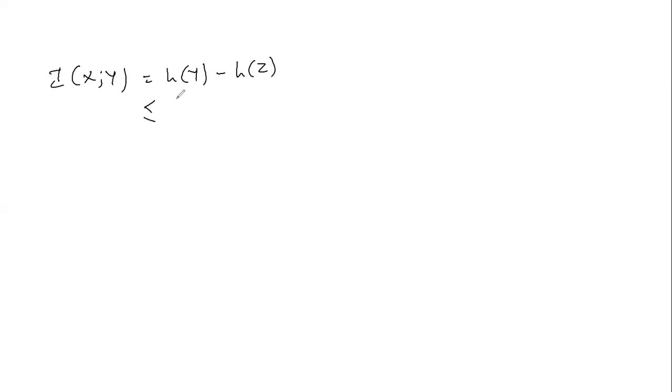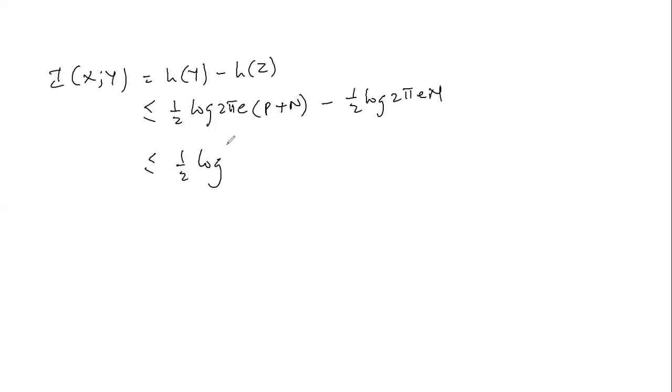So this will be less or equal to half log 2 pi e (P plus N) minus the noise entropy, half log 2 pi e N, right? So this will be less or equal to half log of this divided by this, that is 2 pi e (P plus N) divided by 2 pi e N, right?